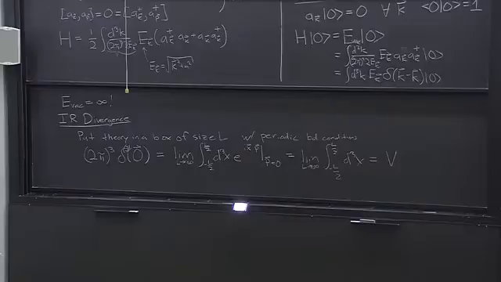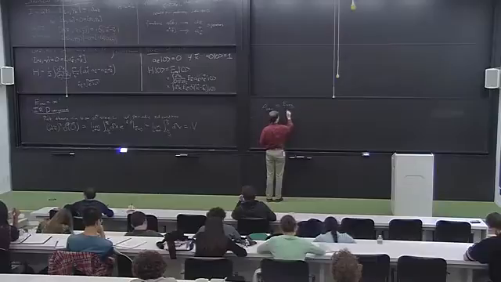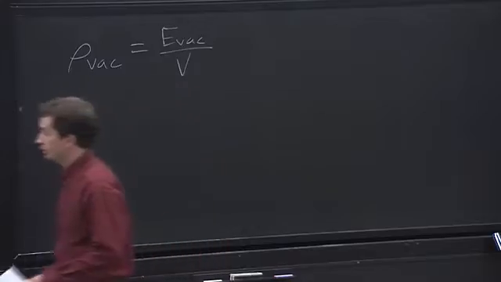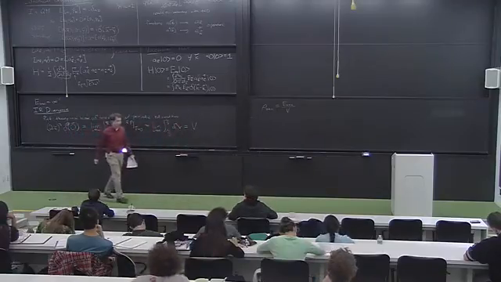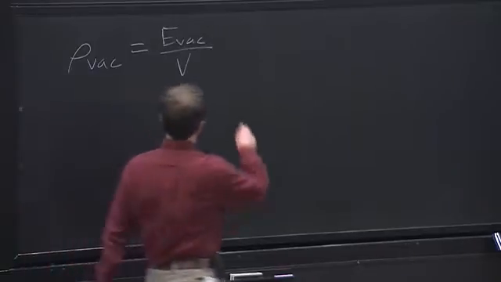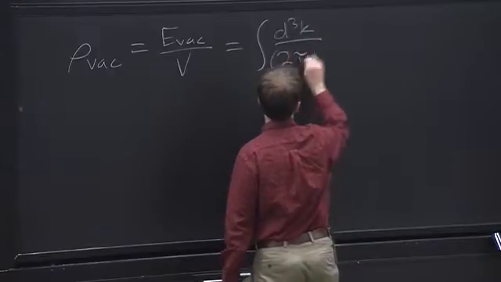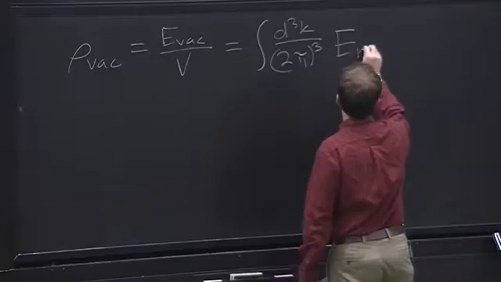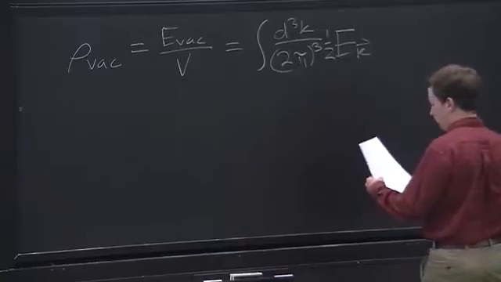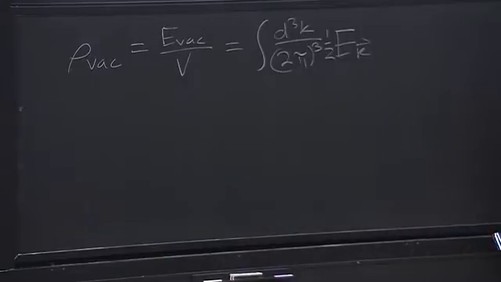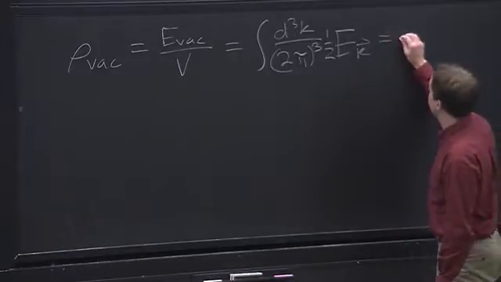Let's call ρ_vac = E_vac over V. And identifying this factor here, (2π)^3 δ(0), as the volume of space, that gives us the integral d^3k over (2π)^3 of (1/2) E_k as the energy density of the vacuum. This is still infinite, so the problem is still there.